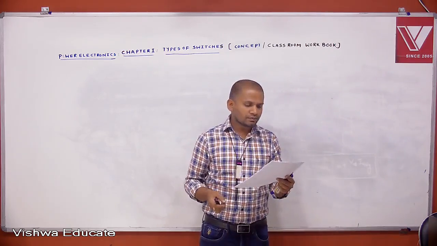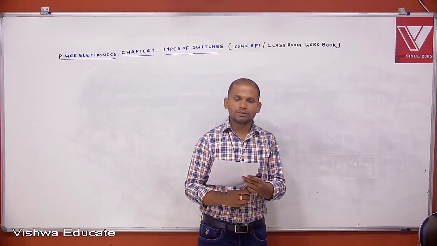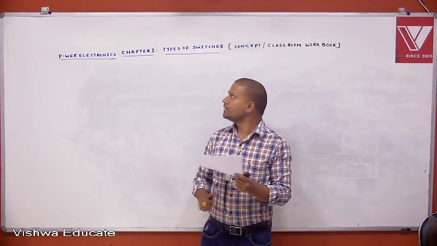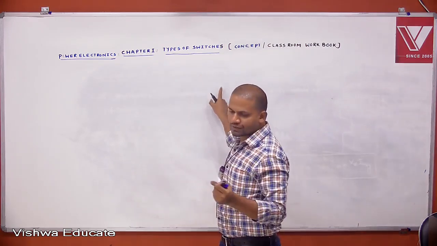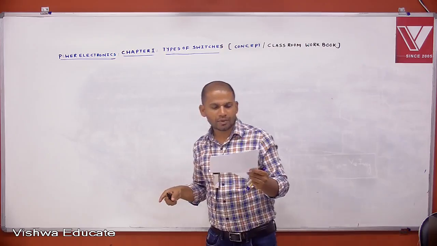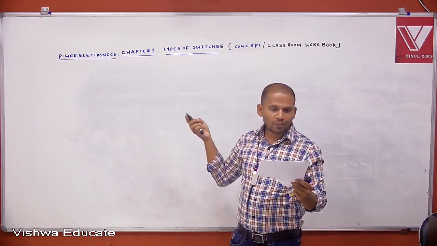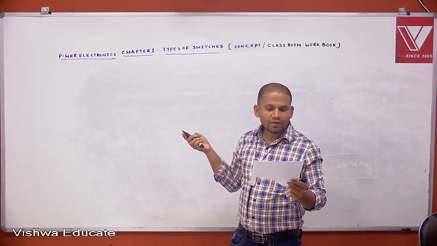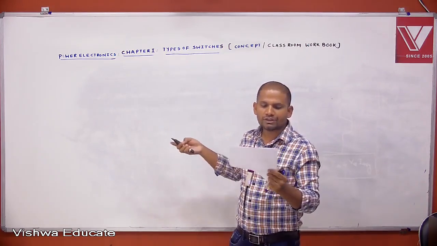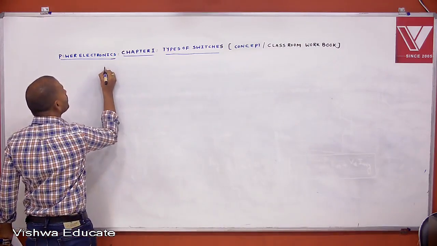In the classroom workbook, the types of switches concept, that is chapter 1. See topic 1. Under topic 1, calculation of average switching power loss and energy loss. This comes under topic 1 questions. This is topic 1.